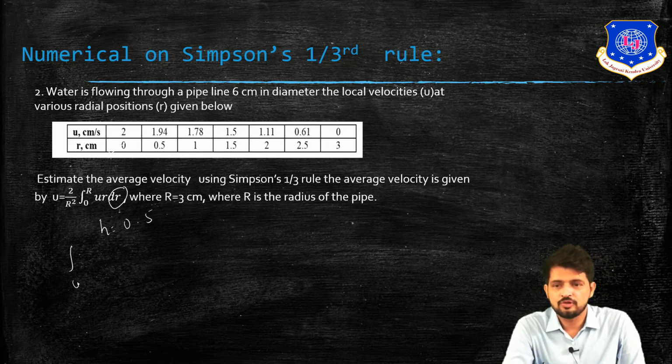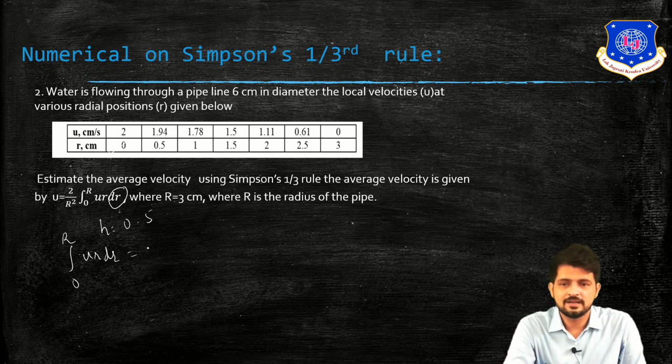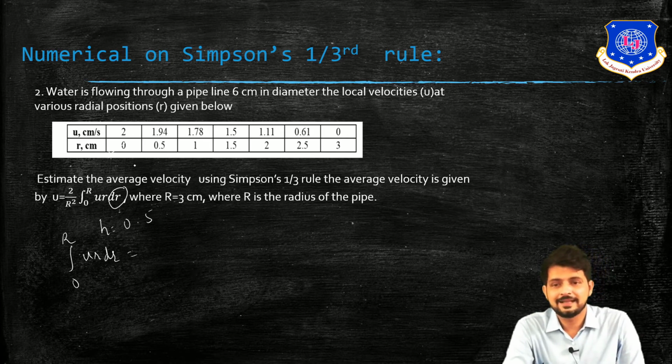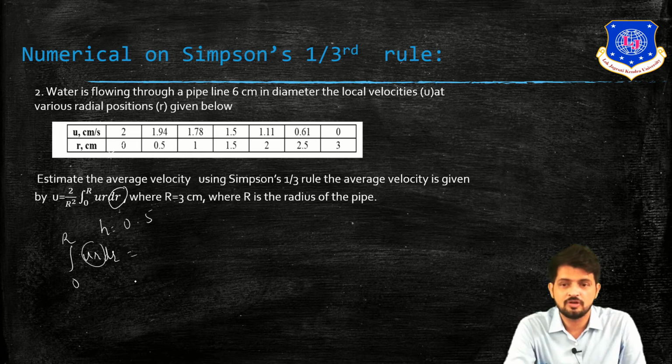First of all, we have to find this integral of u r dr. So we first take the multiplication of u into r, because we want to take the integration of u r. So we find u into r for all values.